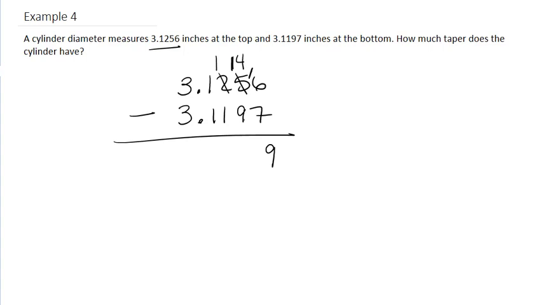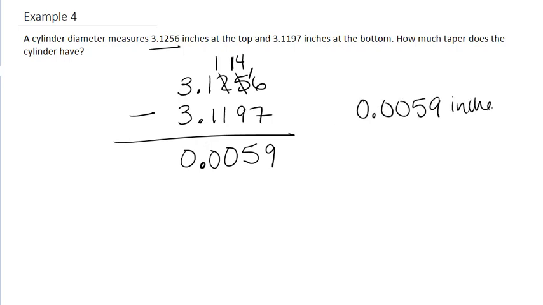So 14 minus 9 is equal to 5. 1 minus 1 is 0. 1 minus 1 is 0. Bring down the decimal straight down, and 3 minus 3 is 0. So how much taper does it have? It is 0.0059 inches. And this would be the final solution.